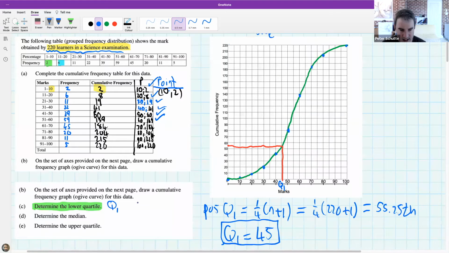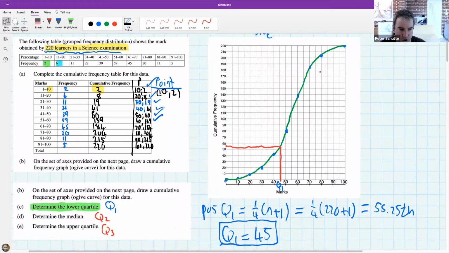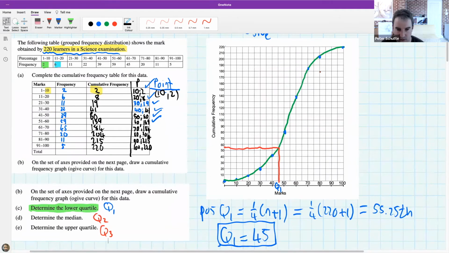Now I want you to work by yourself to find an estimate for Q2, the median, and Q3 using the same drawing. So off you go. If there are any questions, please do raise your hand. You're going to use a very similar method in order to calculate this. So over to you guys. Let's see what you can get.